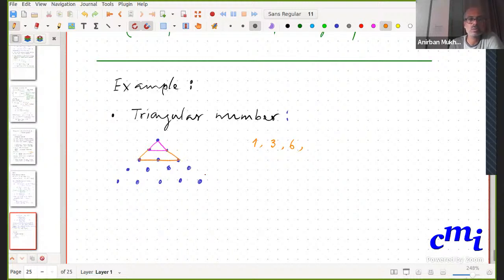And then extend to the next stage. So you always get a triangle. So extend it to this. That's 4 more. That is 10. And then you have 5 more, so 15. And it goes on like that. The next one is going to be 21, etc.